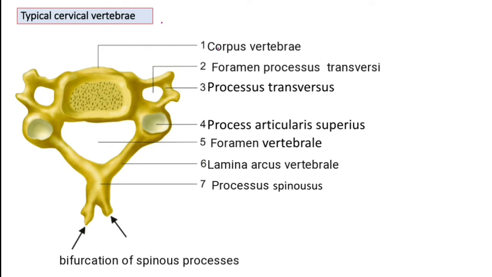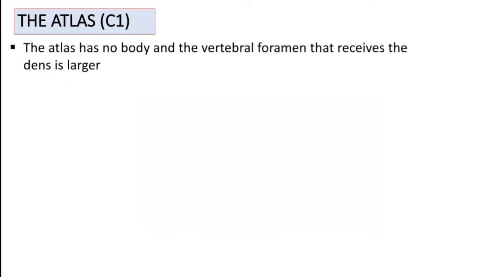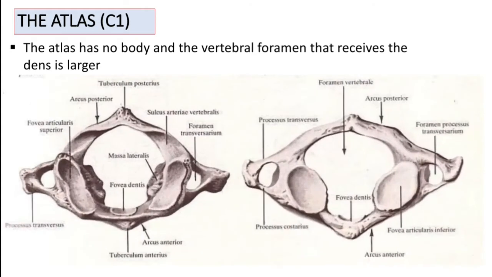But there are differences when we talk about C1 and C2. Now let's talk about the individual vertebrae, starting with C1, the atlas. The atlas has no body, and the vertebral foramen that receives the dens is larger. Let me zoom in.